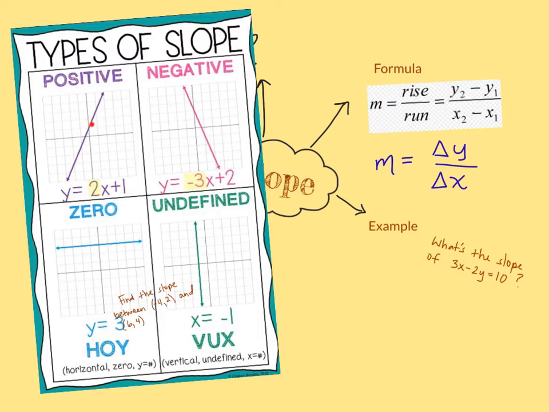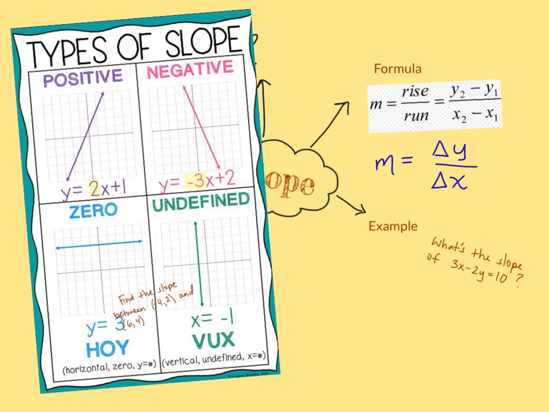That's where it hits the y-axis. And the slope is 2 because from any point to any other point, you rise 2 and run 1. Then this line has negative 3 slope, and we can see that the y-intercept is 2. It hits the y-axis at 2, and we fall 3 and run 1 to get from one point to another. So that's why the slope's negative 3.